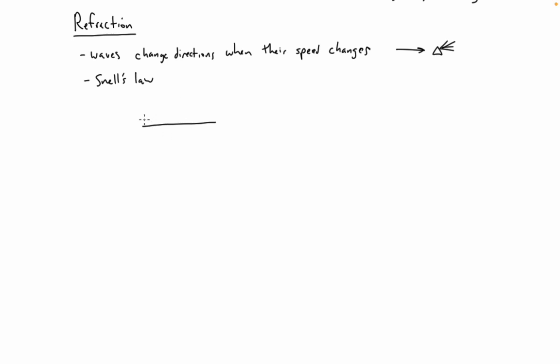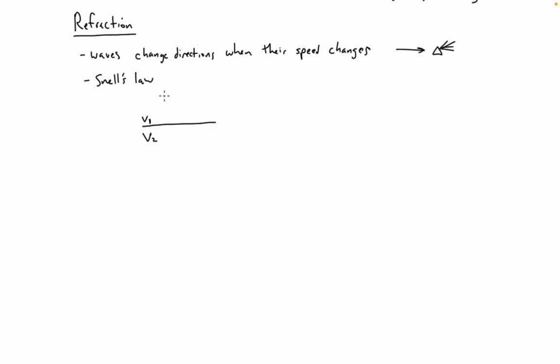and the idea is, we have a material that the wave travels through at some velocity 1, and then there's another medium where the velocity is different.